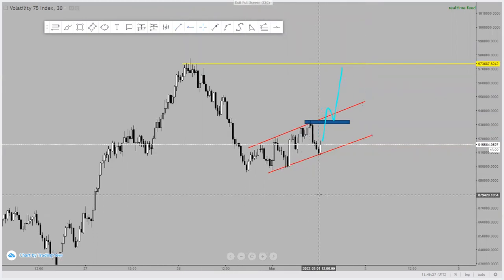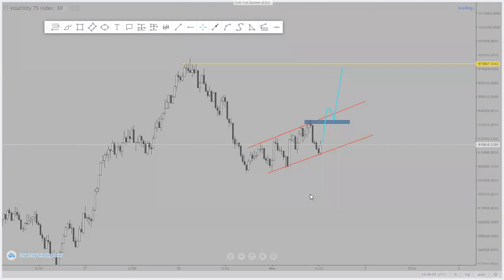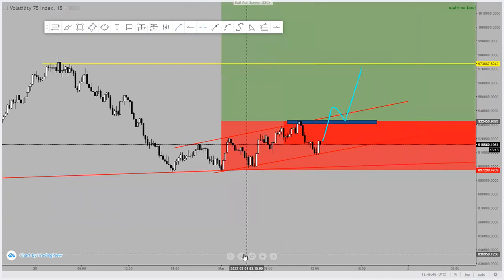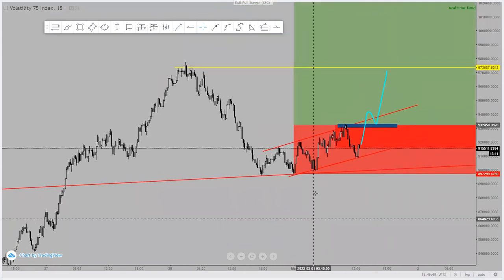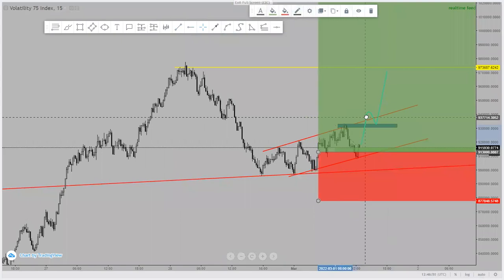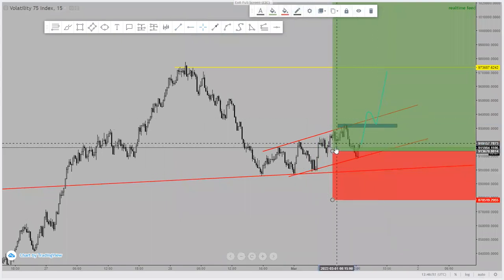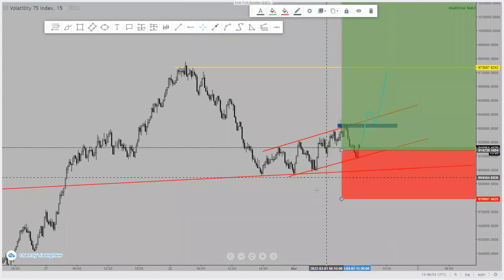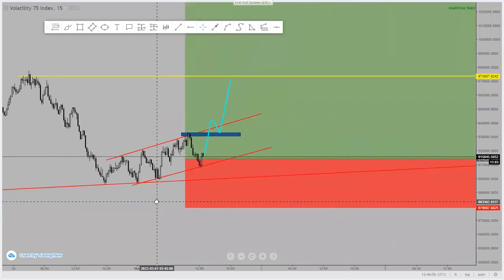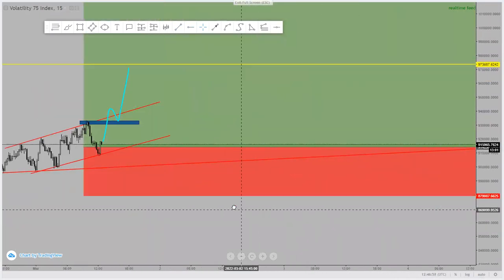Right now, even someone who would have entered using the 15-minute time frame is also in a good position, because on the 15-minute time frame it has already given a bullish engulfing candle.